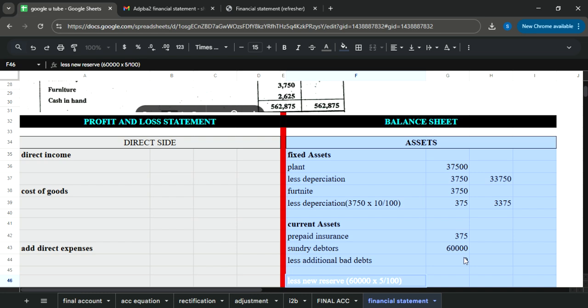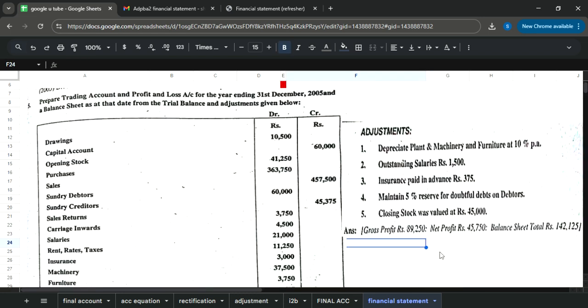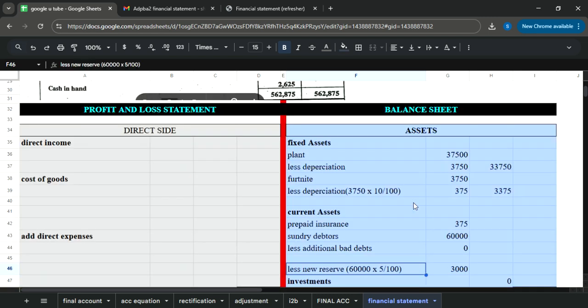With this, new reserve would be calculated how? 60,000 amount multiplied by 5 divided by 100. So we have got our new reserve, which is 3,000. This was mentioned over here. 5% we have calculated. Now final amount you will see how.